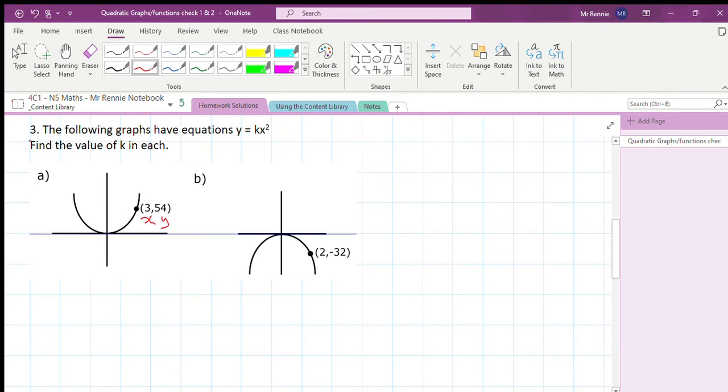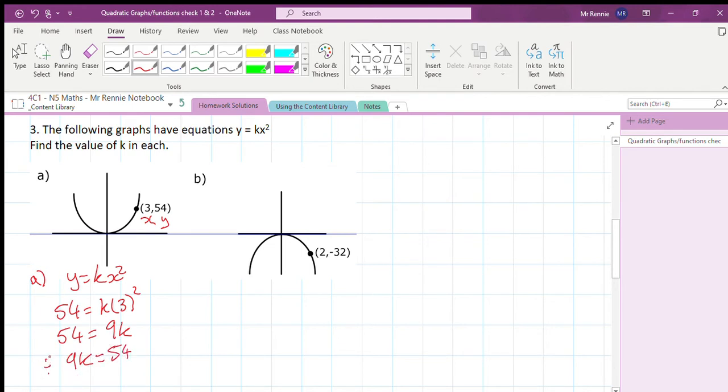So I know that for A, y equals kx squared. That means that 54, my y value, equals k times the value of 3 squared. 3 squared would give me 9, so that's going to be 9 lots of k there. If I swap them round, I get 9k equals 54.